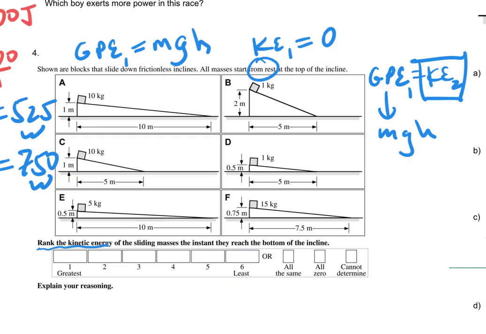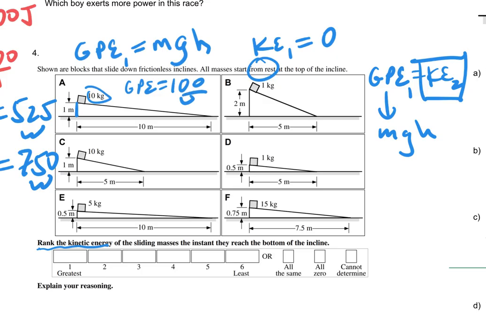So what we do is, these are the masses. You take the mass, multiply by 10, and then multiply by the height. So GPE is equal to 10 times 1 times 10, which is 100 joules.